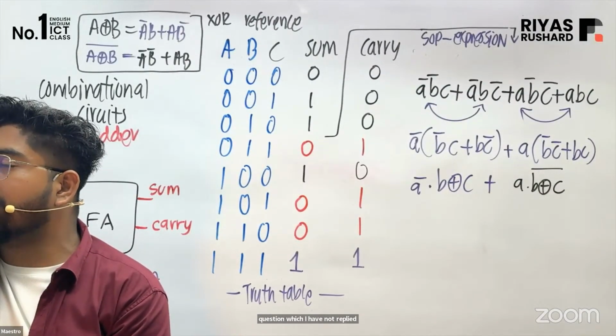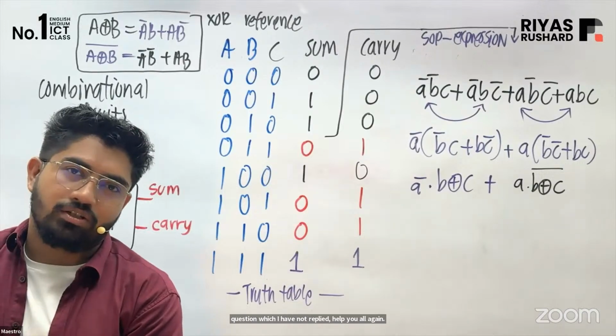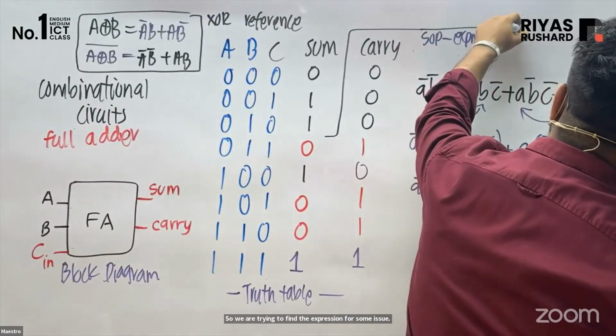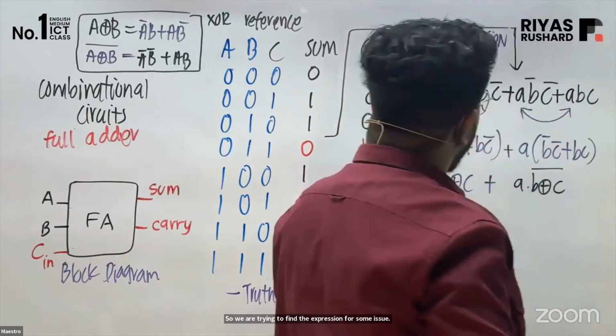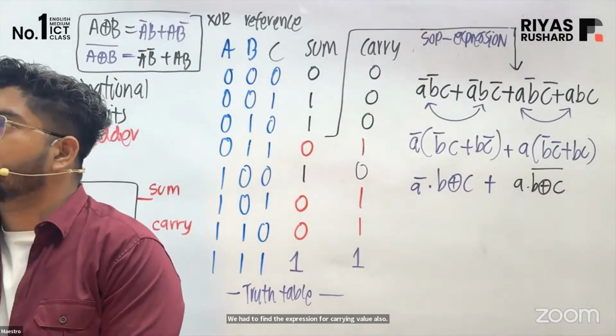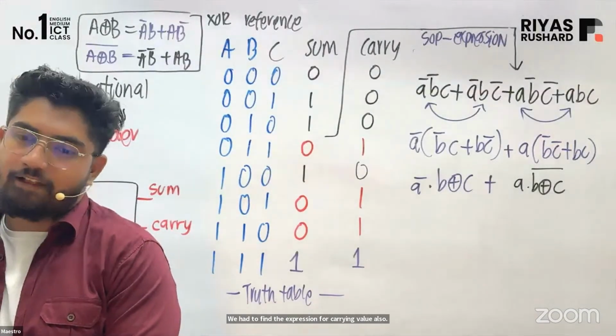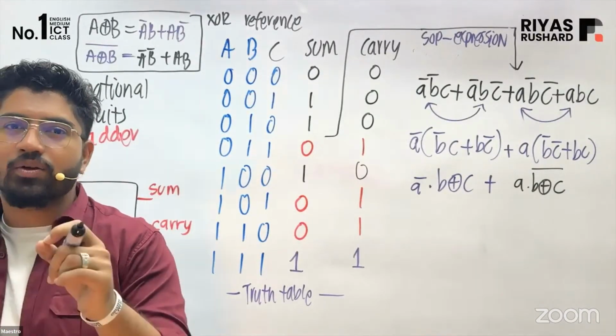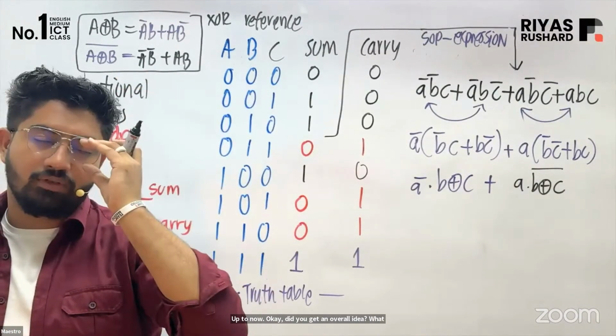So we are trying to find the expression for summation. Passively, we have to find the expression for carry also. Up to now, did you all get an overall idea? What did I do? I took the expression because we had to design the circuit.